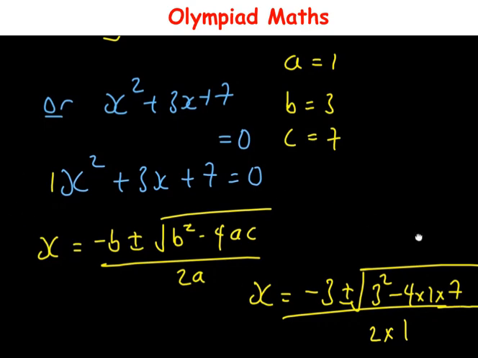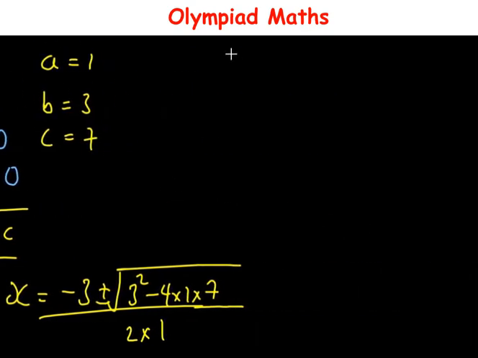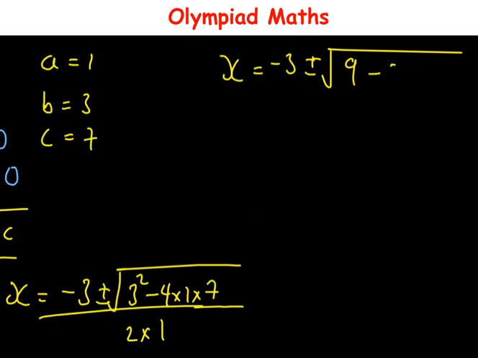Okay, good. So from here, the value of x is equal to minus 3 plus or minus square root of 3 squared, which is 9, minus 4 times 1 times 7, that is minus 28, over 2 times 1, which is 2.